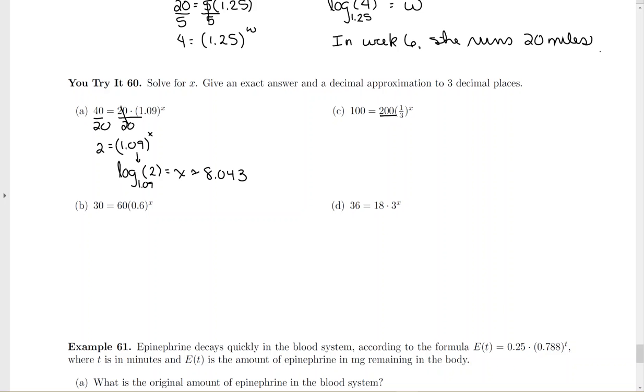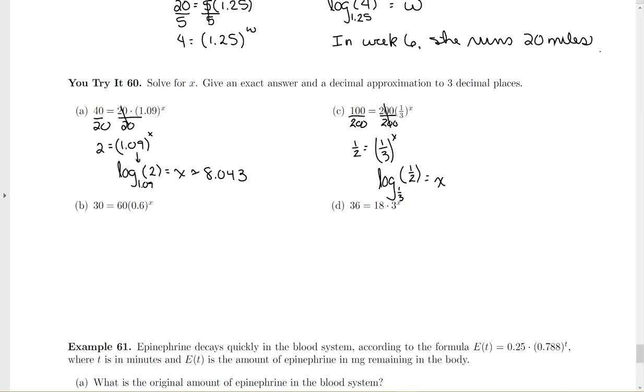Letter C, divide off by 200. So 100 divided by 200 is a half. You have the exponential by itself, so rewrite it as a logarithm. Log base 1/3 of 1/2 equals x.